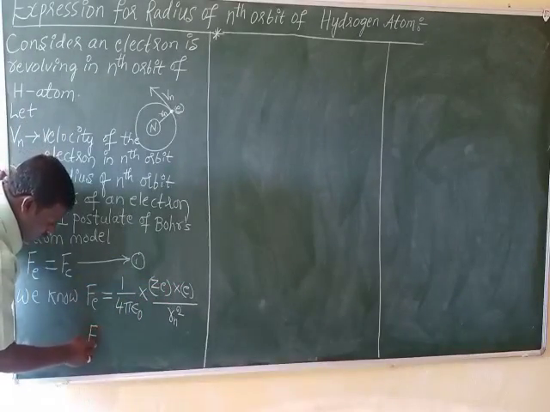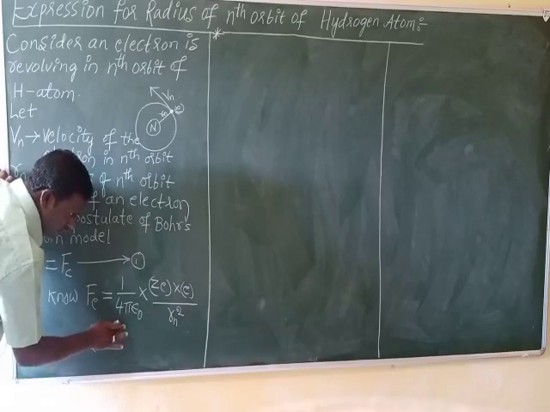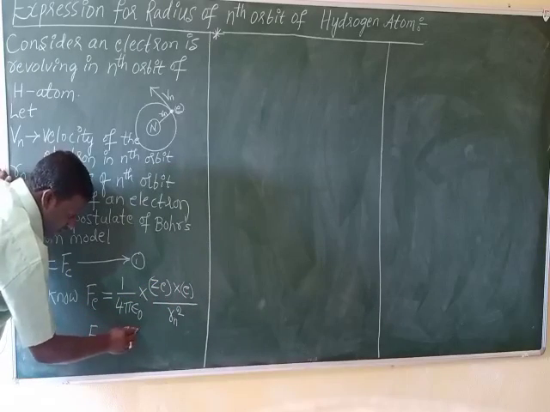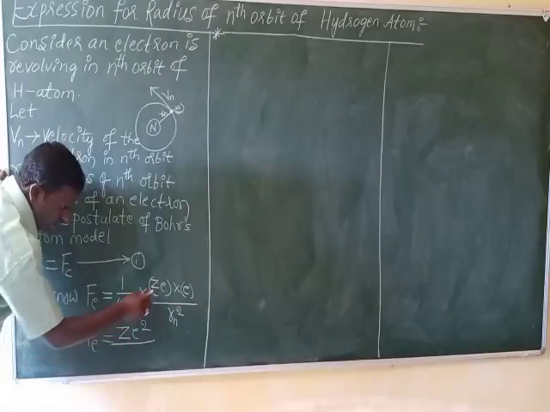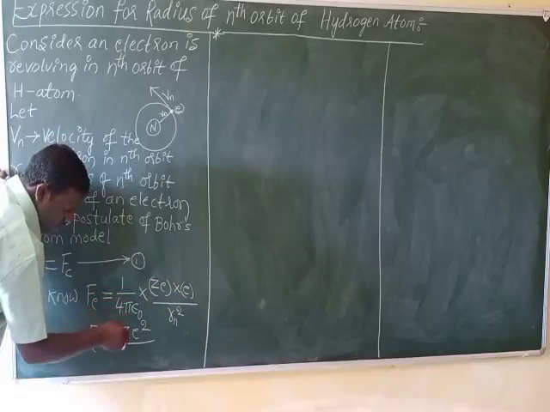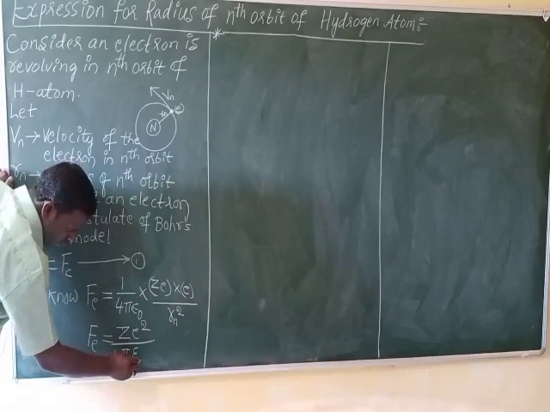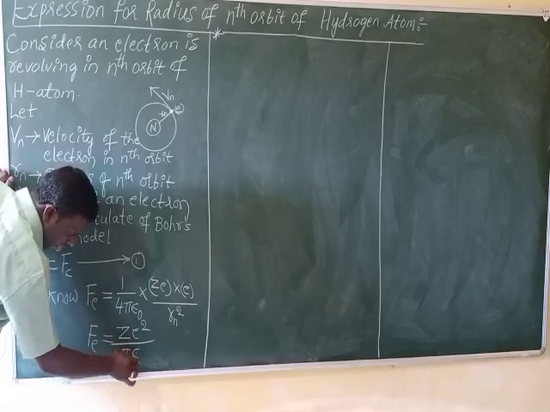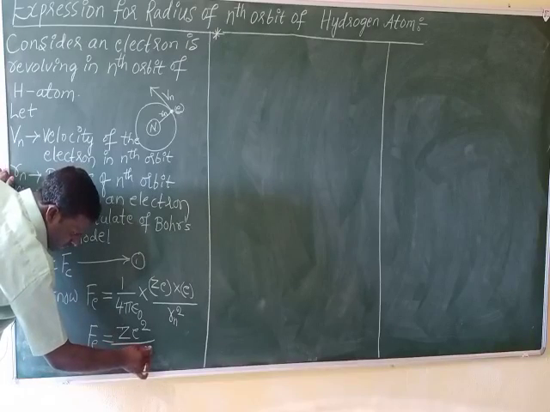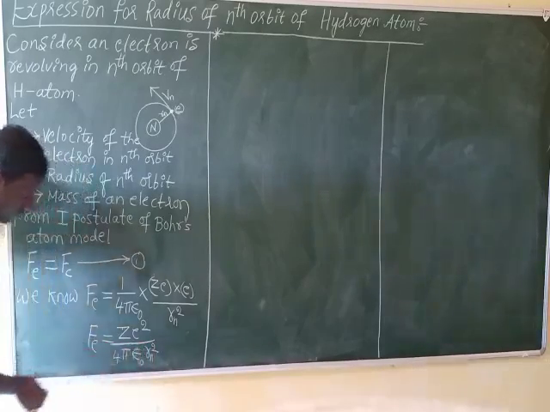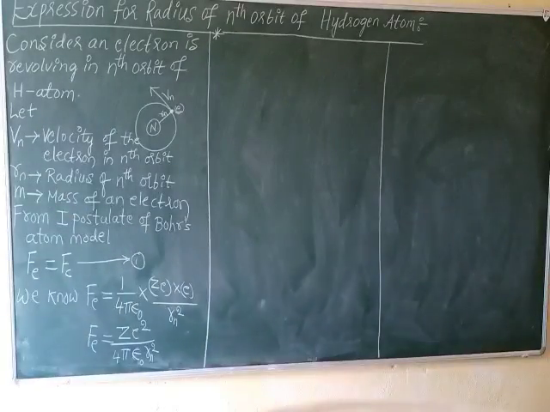So Fe equals Ze square divided by 4 pi epsilon naught Rn square.